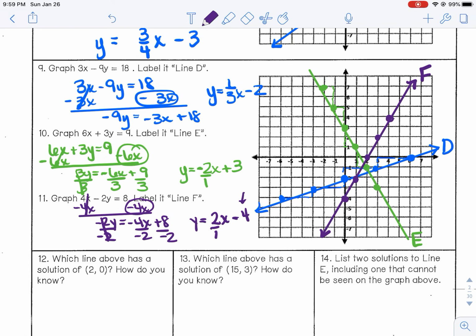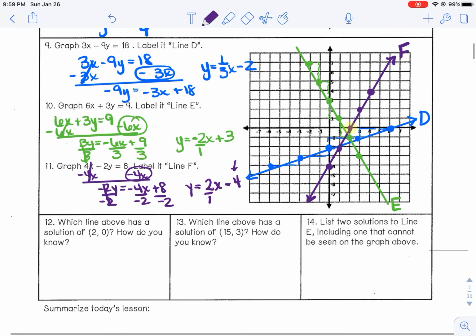So that's going to be the one we just graphed, which is line F. How do we know? Because it passes through the point. Okay, also you can check it by plugging it in.